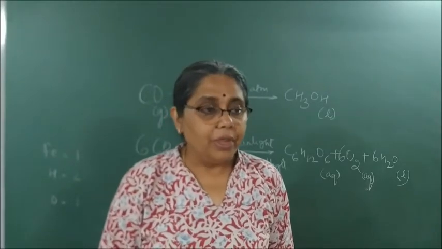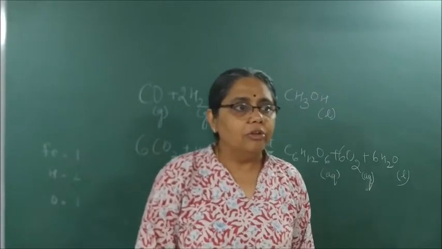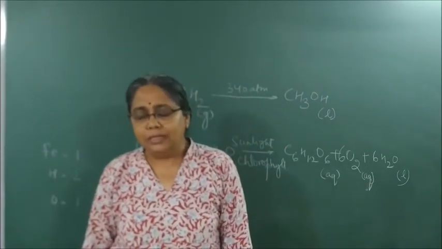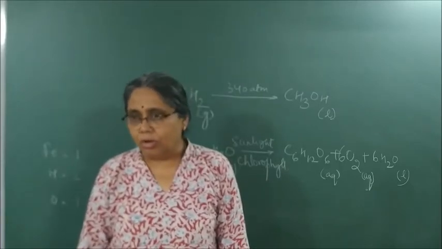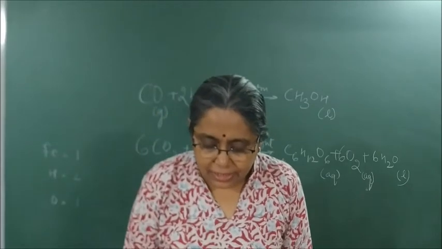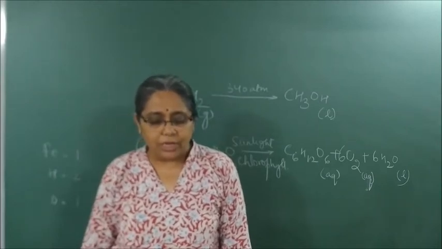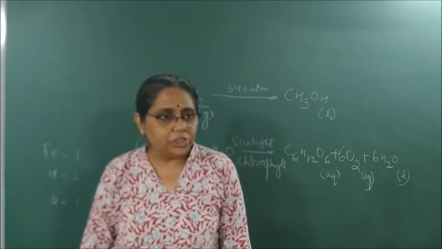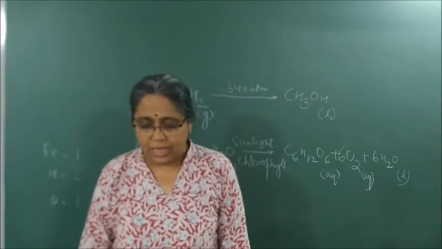First question. Why should magnesium ribbon be cleaned before burning in air? To remove the undesired layer of carbonate and oxides. Write a balanced chemical equation for the following. Hydrogen plus chlorine gives hydrogen chloride: H2 plus Cl2 gives 2HCl.